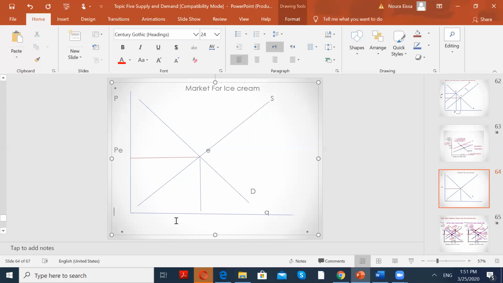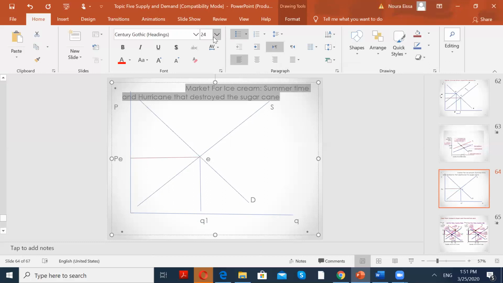Okay, let's see. First step again: graph demand, graph supply, and show equilibrium. Now, in this case, what do we have in the market for ice cream? We are in summertime, and we have a hurricane that destroyed the sugarcane. Okay, so how will we graph this? How will we show this?